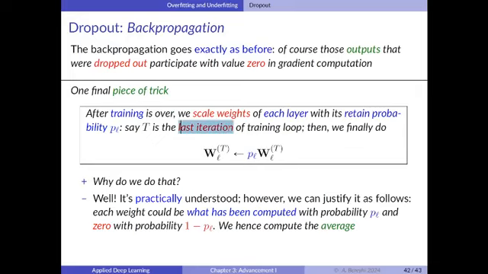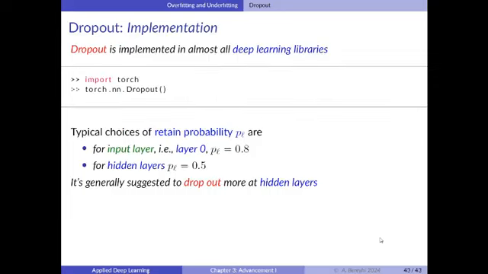For example, at the last iteration of the training loop, we have to multiply by that probability because it's not as valid as a complete training, because we have deleted something, and we have to reduce the importance of the scaled weights. It's somehow an average.